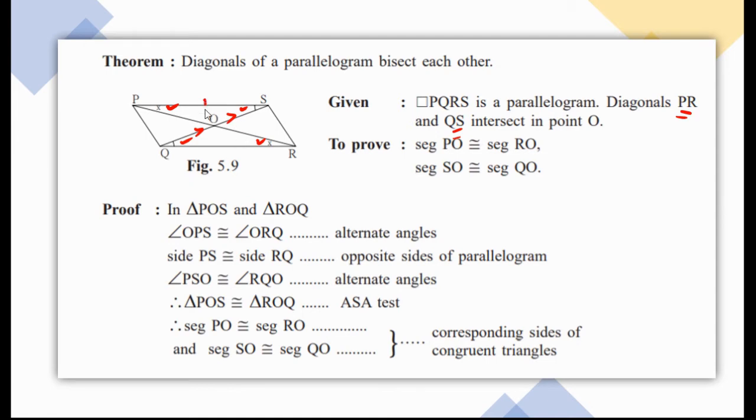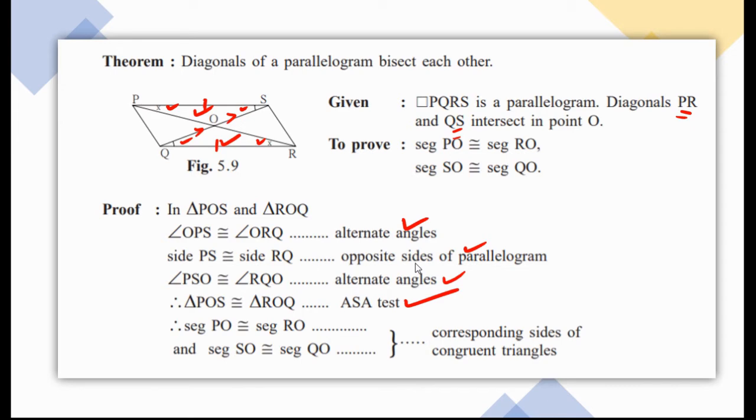Okay, and this side is congruent to this side because they are opposite sides of the parallelogram. So by two alternate angles and the side in between, by ASA test we can prove that these triangles POS and ROQ are congruent.